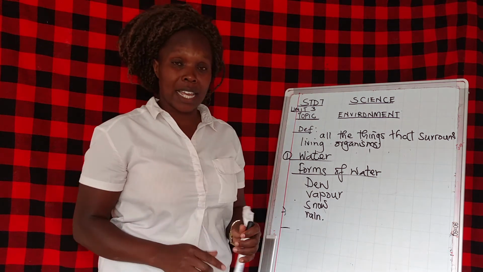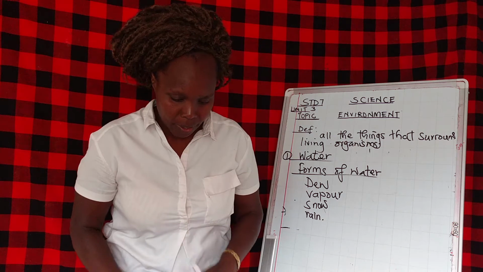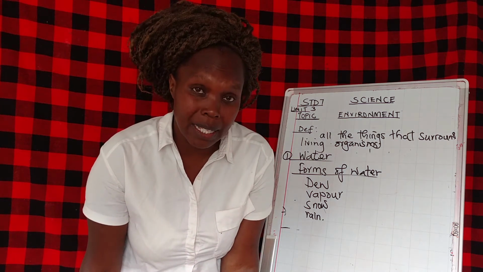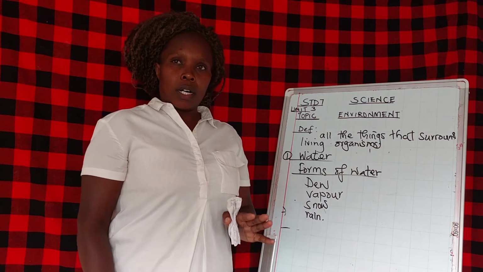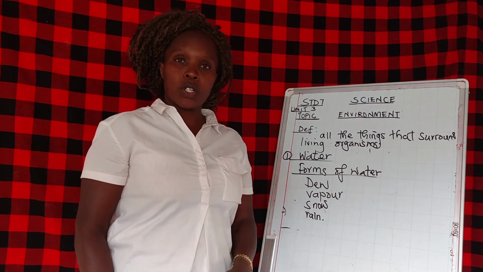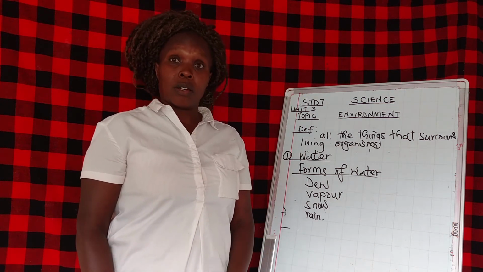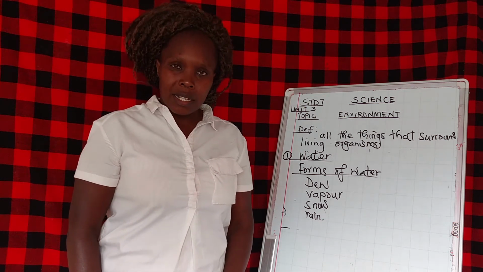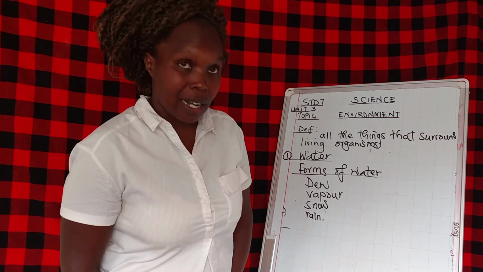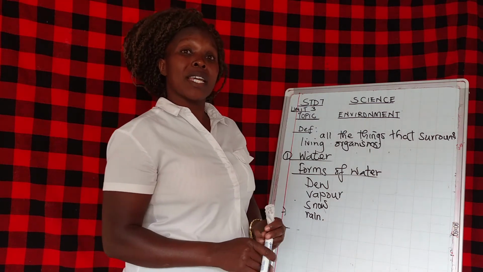What does water help us with? Water is very important to all living things. All plants need water for their growth. What about animals? All the animals, human beings and other animals, depend on water.